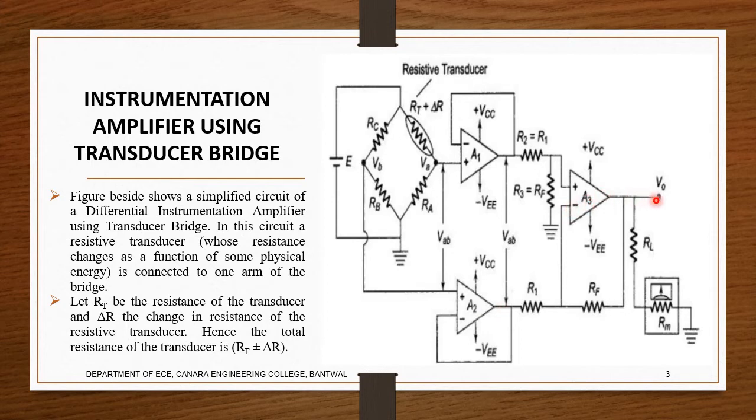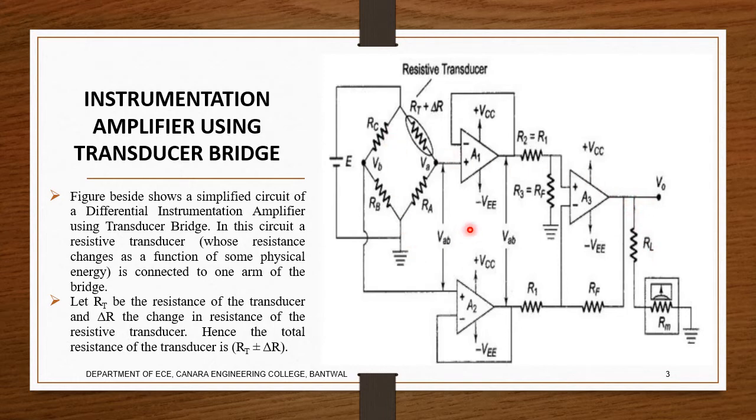The output is connected via a feedback resistance, so the output is VA minus VB. If it is a balanced bridge, VA minus VB is 0. This is how we calculate.